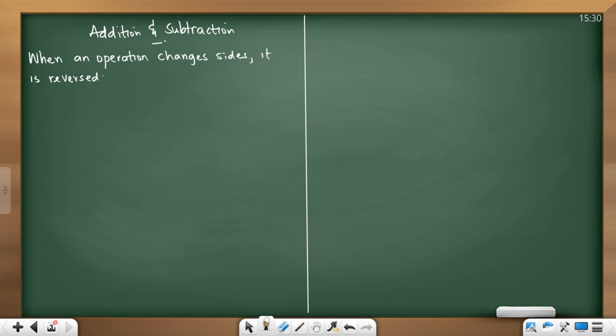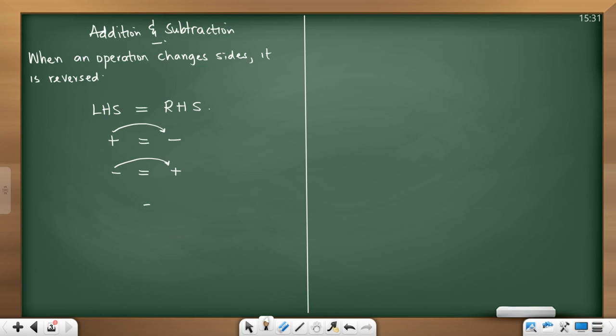What do I mean? If I have an addition here and it changes sides, when it actually crosses over the equal sign, then it becomes a negative. Remember what we have: a left-hand side and the right-hand side. So if I have a positive crossing over, then it becomes a negative. So let's do that. Put that arrow. If I have a negative on this side and it crosses over, it would become what? A positive.